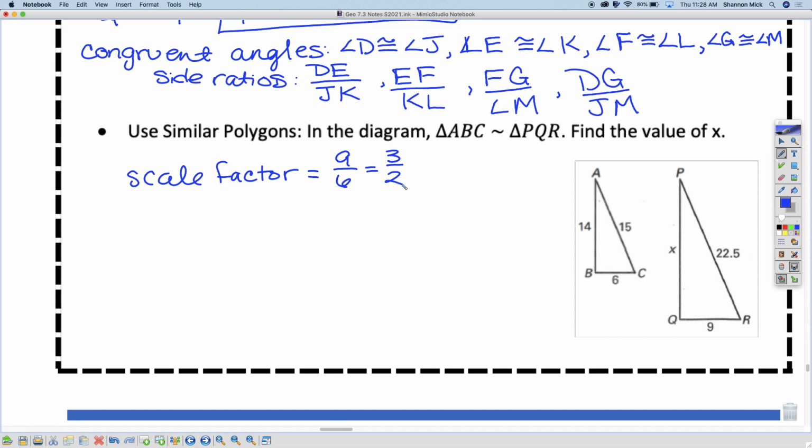Now if this is going from here to here, yes? What if I went from here to here? What would my scale factor be? It would be 6 over 9, so it would be 2/3. Now, this is why you do this.